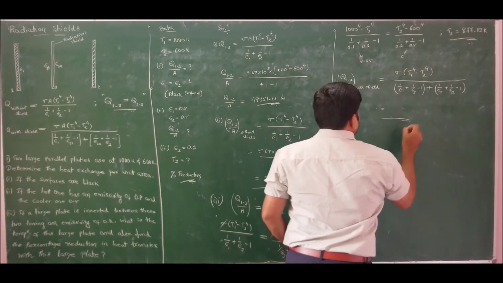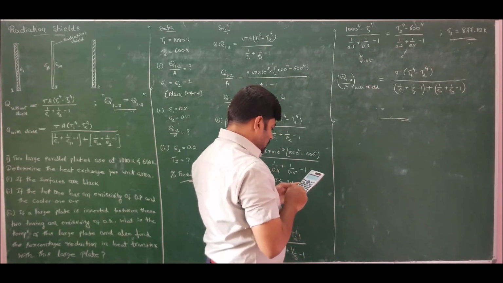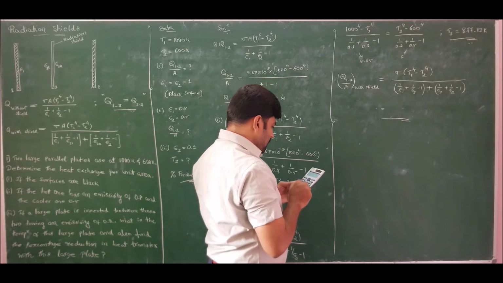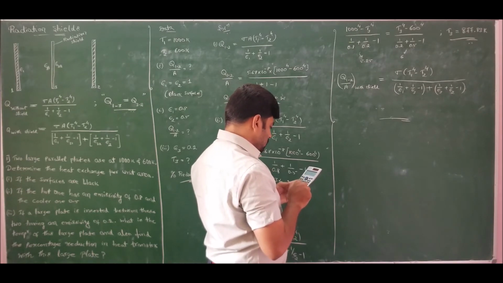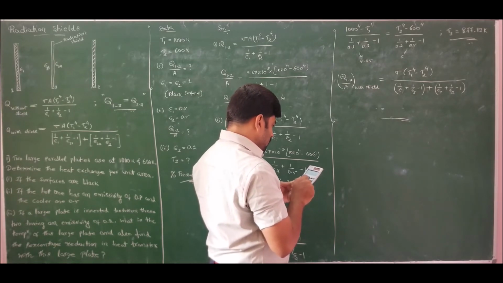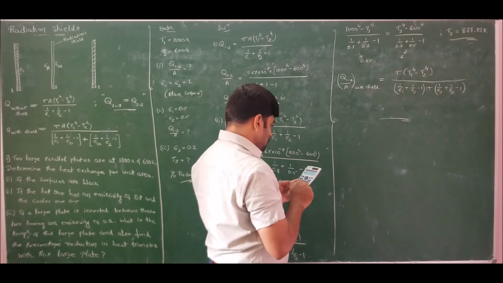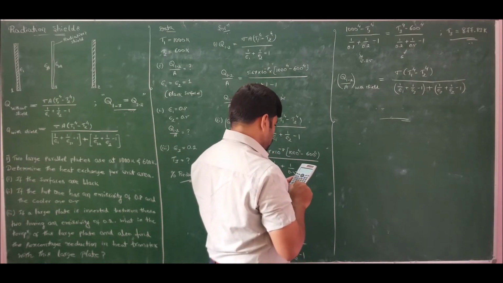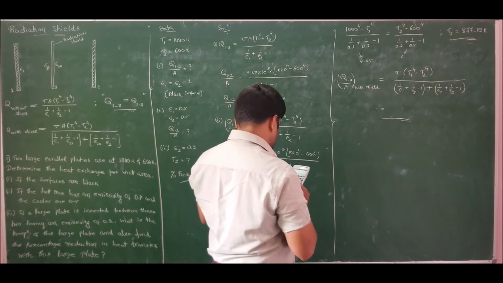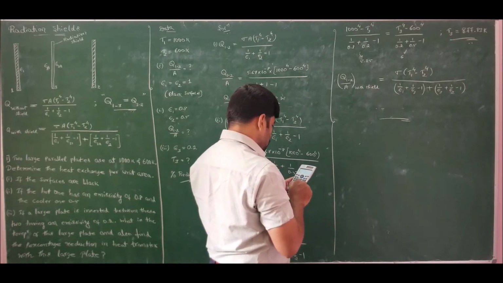So if I substitute and solve, sigma is 5.67 into 10 to the power of minus 8 into (T1 is 1000 to the power of 4 minus T2 is 600 to the power of 4) divided by (1 by epsilon 1 is 0.8 plus 1 by 0.2 minus 1 plus 1 by 0.2 plus 1 by 0.5 minus 1).